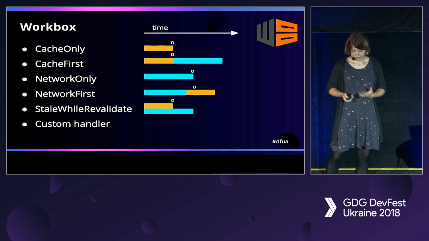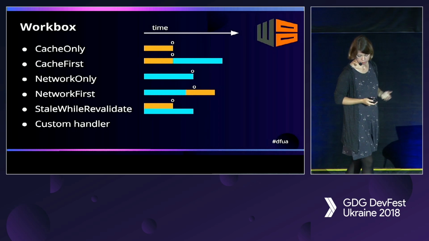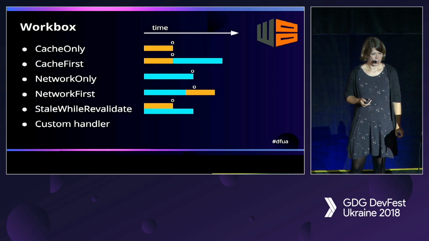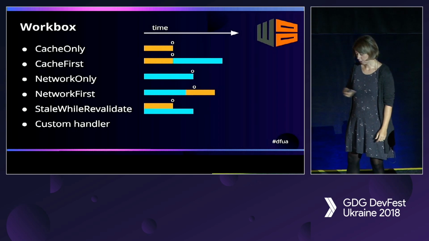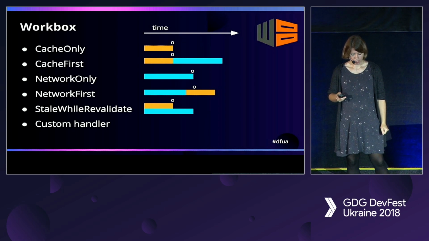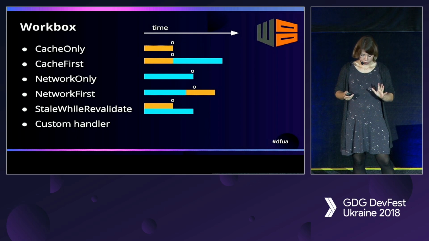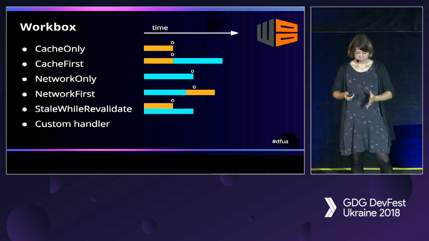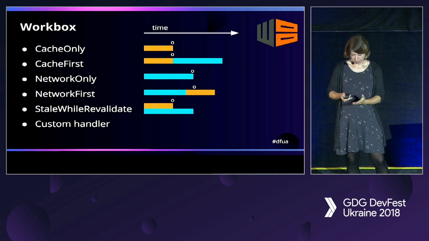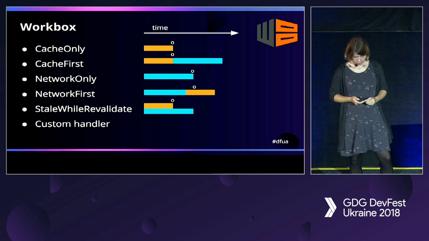So it takes significantly more time than cache only. Network only is where the service worker is kind of transparent. It always goes to the network, right? So look at this. It actually takes, in theory, less time than going first to the cache and only then to the network. So sometimes you might want to choose that strategy.